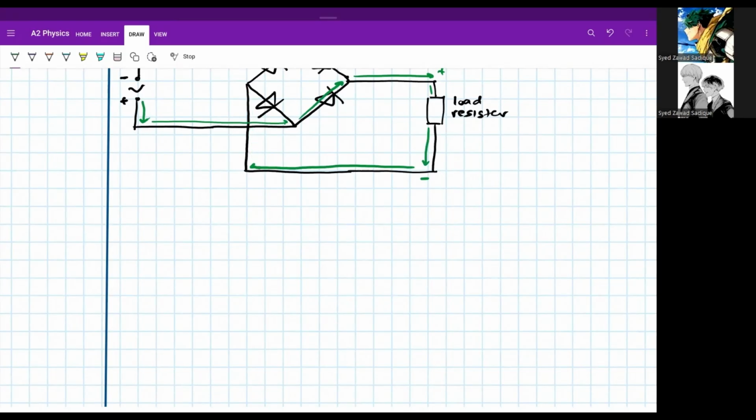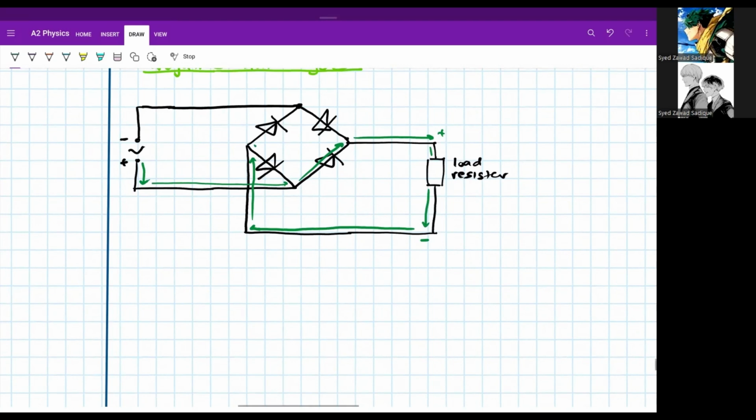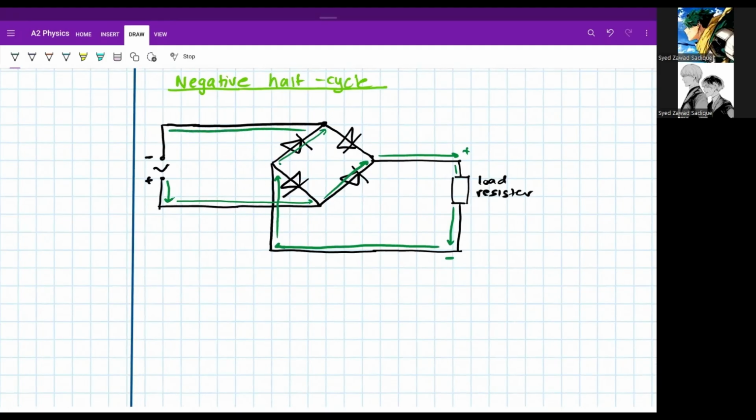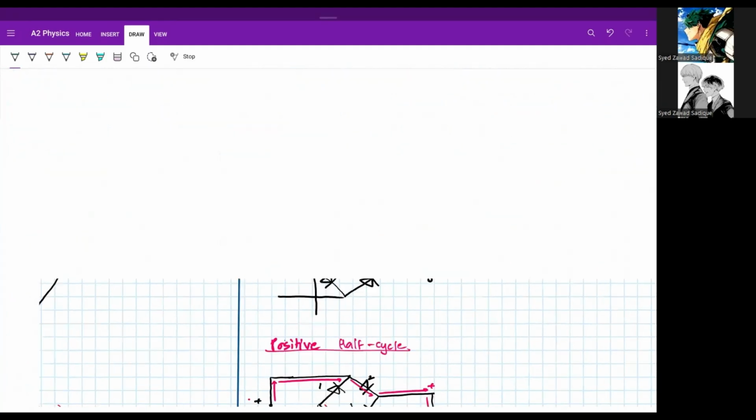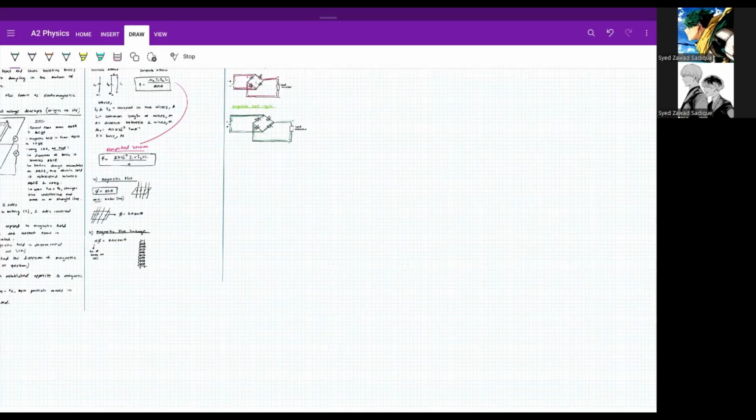The flow moves up top, then travels through here, and finally returns back to the negative terminal. So this is the negative half cycle.